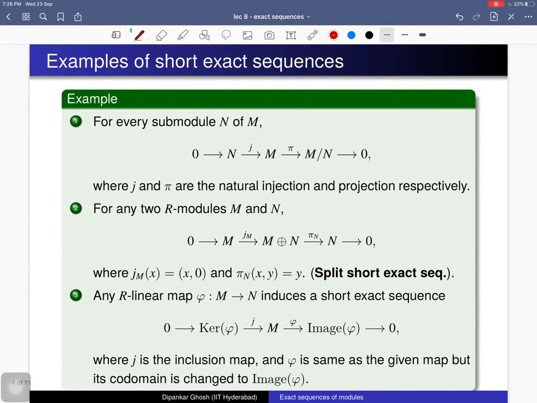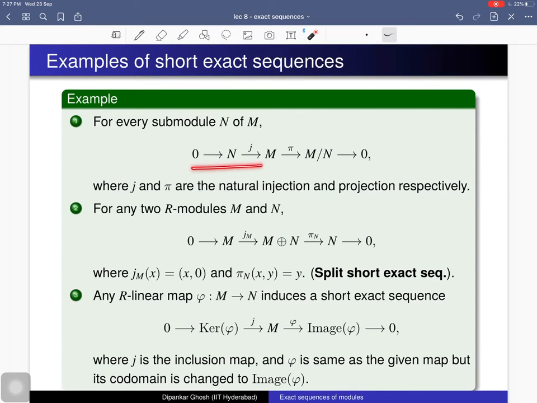Here are some examples of short exact sequences. You consider a submodule of M, let us say N. For that submodule we can have a natural short exact sequence like this. N is a submodule of M, that means you have the inclusion map from N to M, and that map is injective.